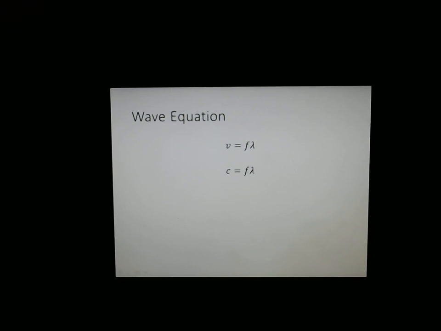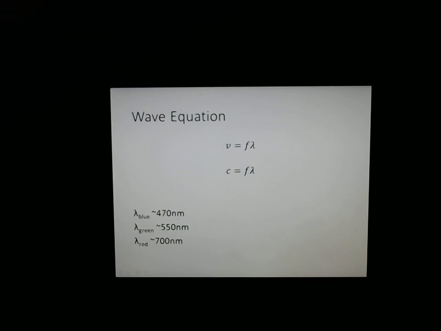There are some common values. Now, you don't need to memorize these. This is not inside the syllabus, but it's worthwhile, in my opinion, having a rough guesstimate of where numbers are, so that it allows you to check. Blue is around 470 nanometers. Remember, nano is 10 to the negative 9, or if we were to see this without nanometers in front of it, it would be 4.7 times 10 to the negative 7.